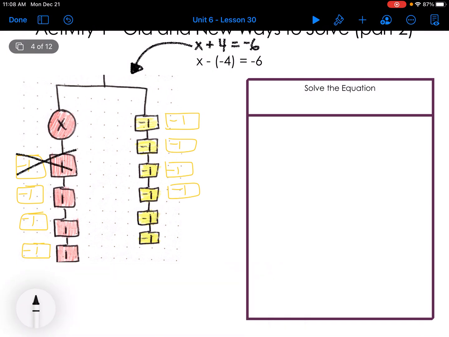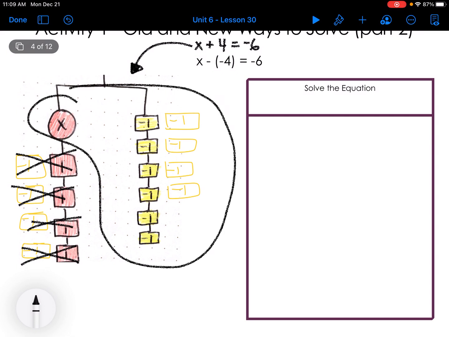So a -1 and a +1. There are no 0 pairs on the right side. They're all yellow. I don't have any reds to cross out. So I'm left with x equals 1, 2, 3, 4, 5, 6, 7, 8, 9, 10. So x equals -10.